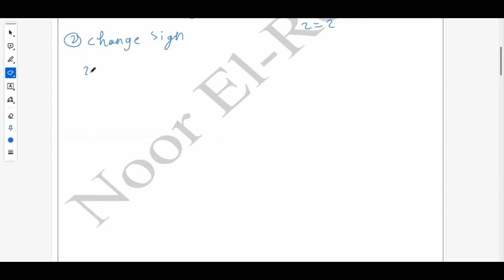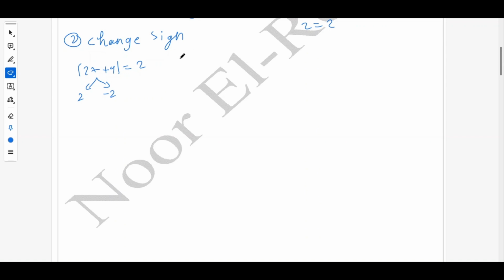Change sign. Modulus of 2x plus 4 equals 2. As I know, inside the modulus I will have two possibilities only: 2 or negative 2, because the modulus of negative 2 will give me 2.